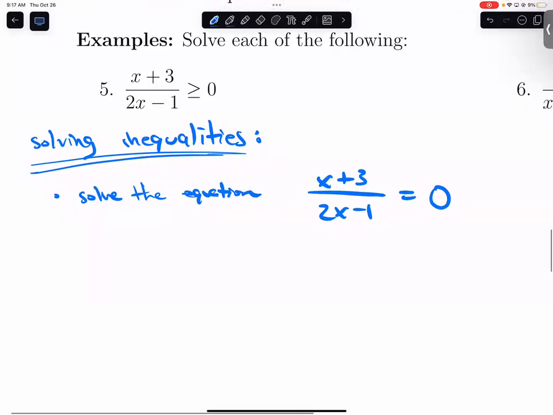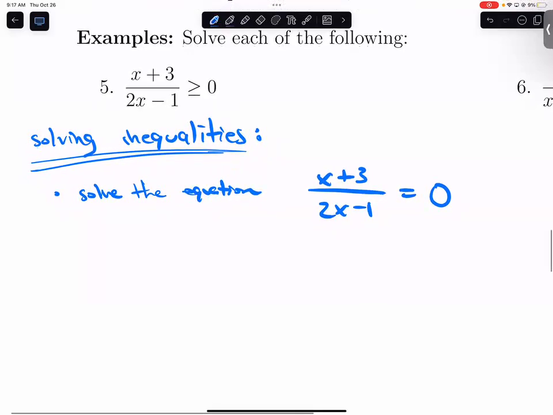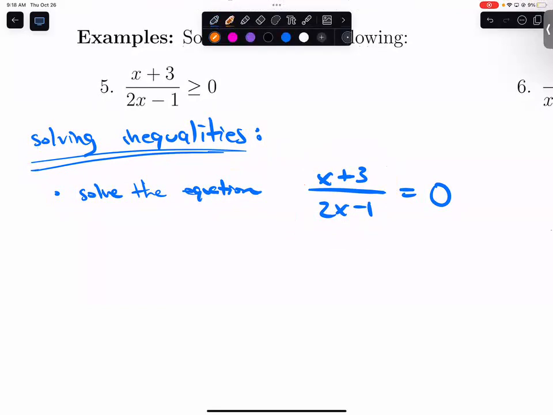Well, solving that equation is basically going to be the same thing as finding the x-intercepts for this function, similar to what we just did, right? In solving that equation, the first thing I would do, if you want to think about it as finding the least common denominator, it would be this, multiplied by both sides. On the right, you're multiplying by 0, so it all just goes away.